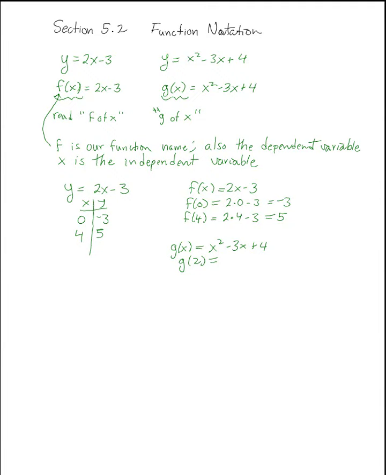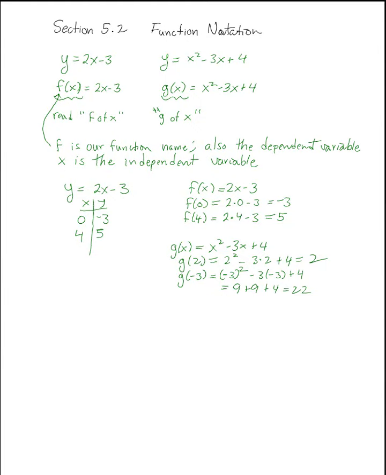So I'd have 2 squared minus 3 times 2 plus 4. That's 4 minus 6 plus 4, which is 2. Or I might ask you to find g at negative 3. So I would have negative 3 squared minus 3 times negative 3 plus 4. That's 9 plus 9 plus 4, which is 22.